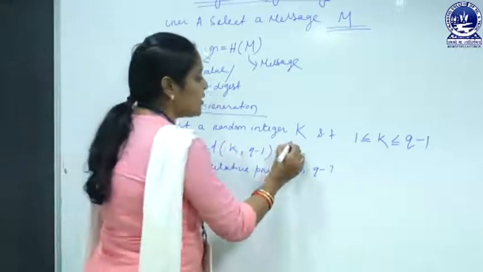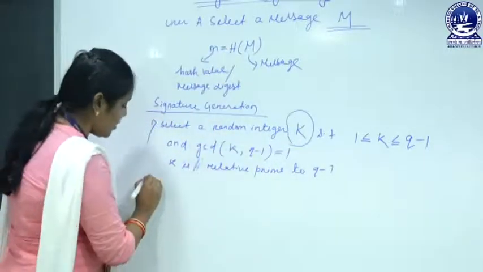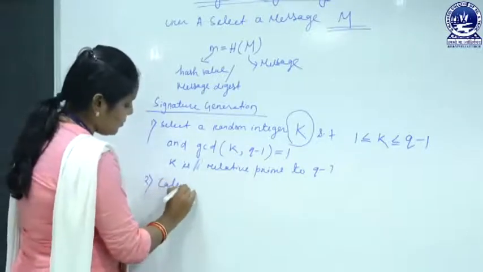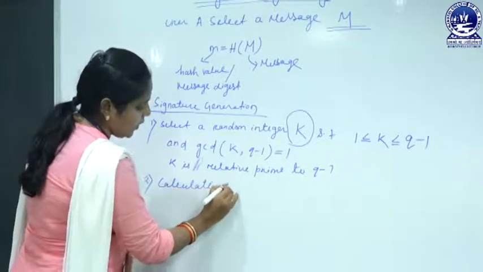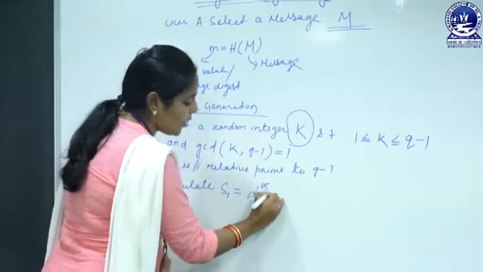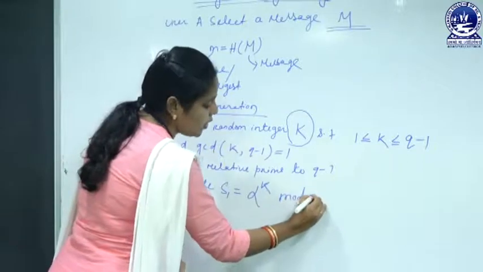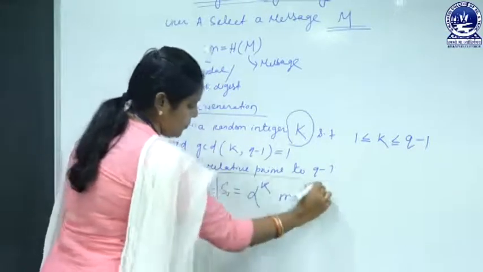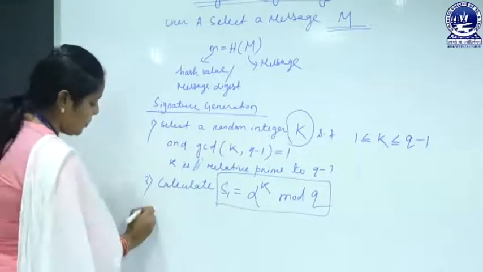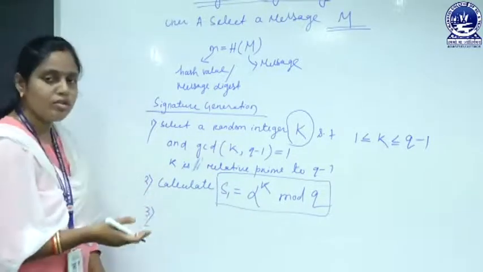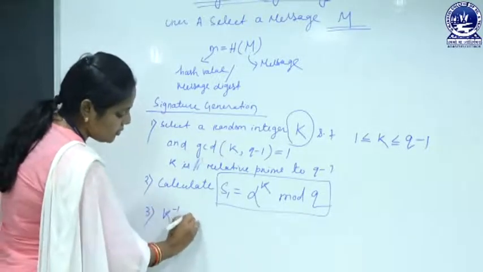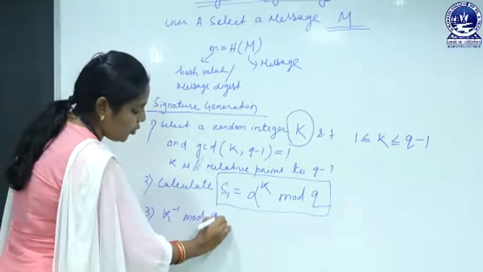After choosing this K value, in the second step the user A calculates S1, which is equal to alpha to the power K mod q. Next, in the third step, the user calculates K inverse mod q minus 1.